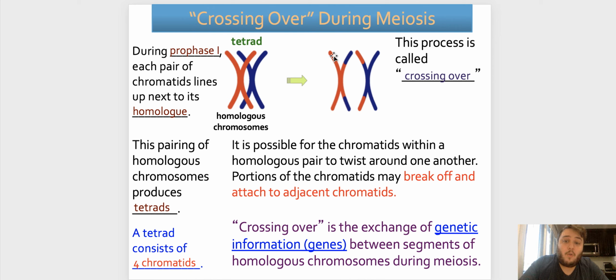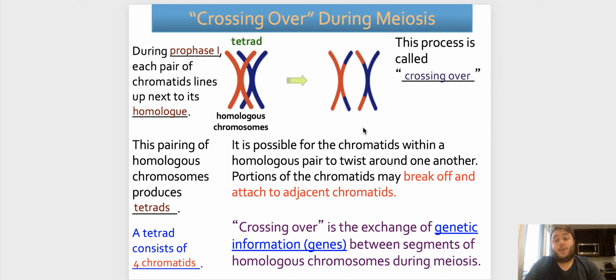So that means that this chromosome right now is no longer the same chromosome it was before. It has DNA from a different chromosome. So it exchanges some information and it becomes different. And this is one of the ways that we end up becoming different and variable ourselves. Because you now have a mixture of DNA so that when the egg and the sperm combine, there's even more of a mixture. This all has to do with variability.